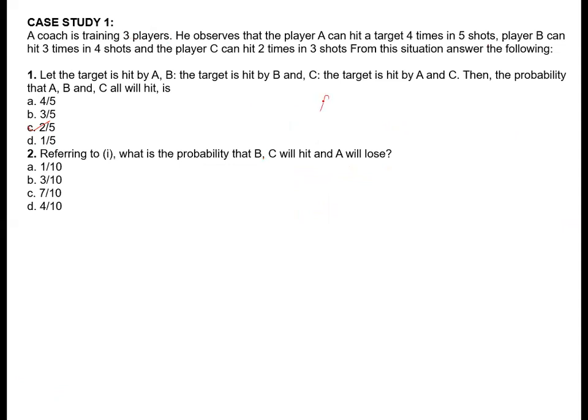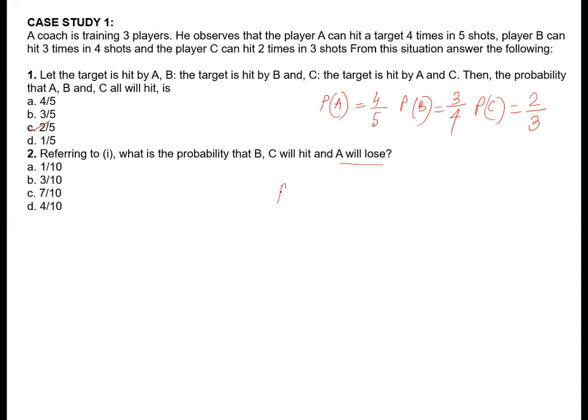And let me write probability of A. It will be 4 by 5. PB is equal to 3 by 4. And probability of C is 2 by 3. Your second question: what is the probability that B, C will hit, A will lose?